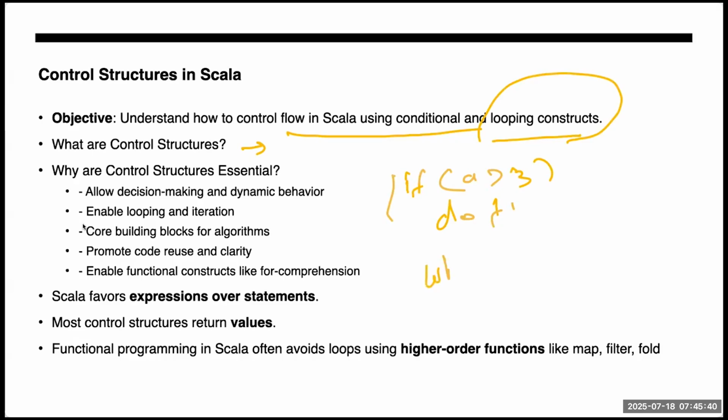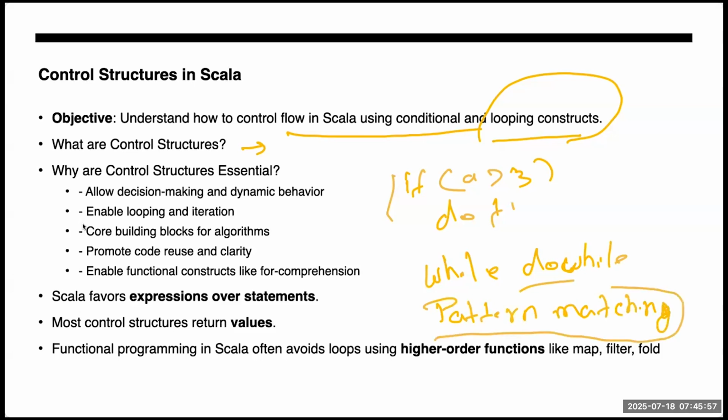Then we have while loop, do while loop. We'll see examples of everything. And then we have pattern matching also. This is one of the important things in Scala, one important feature where writing the program will be easy when you have multiple statements to match with.